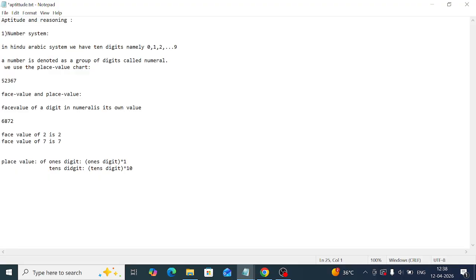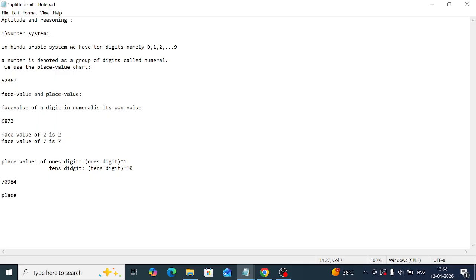I have a numeral 70984. A number denoted as a group of digits is known as a numeral. What is the place value of 4?